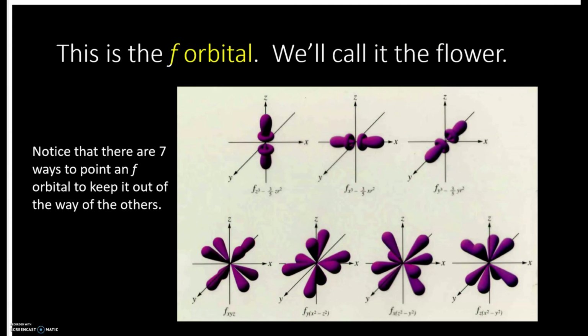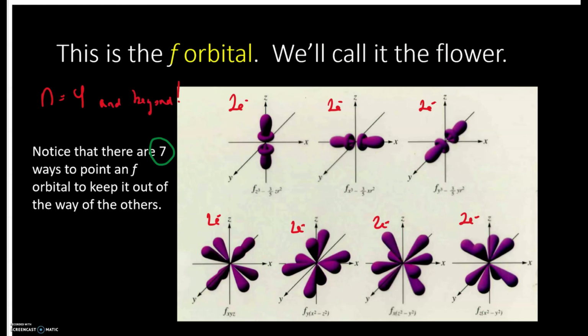And remember that there are 7 ways to orient this one. And just like all the others, each of these, no matter how weird they look, and some of them look pretty weird, can only hold 2 electrons. We only see f orbitals at n equals 4 and beyond.